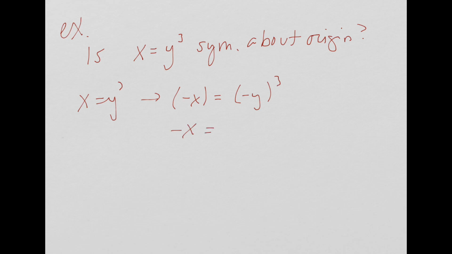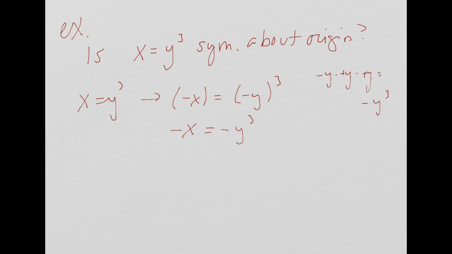Well, there's not really anything we can do with that negative x, so we're just going to leave it. But now think about what negative y cubed is. That's negative y times negative y times negative y. Well, there are 3 of them, so definitely y to the 3rd power. 2 of the negatives will cancel, and I'm left with 1. So this is negative y cubed.